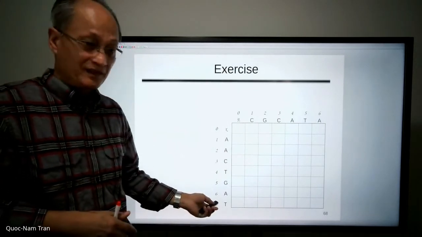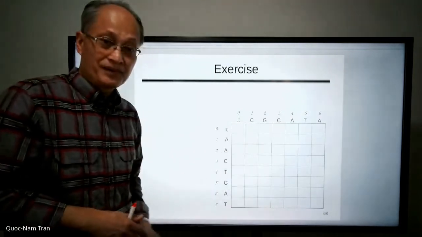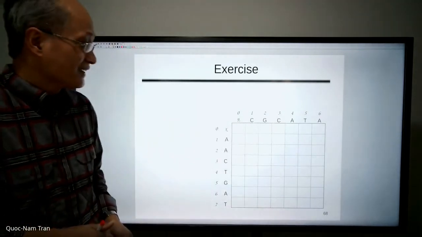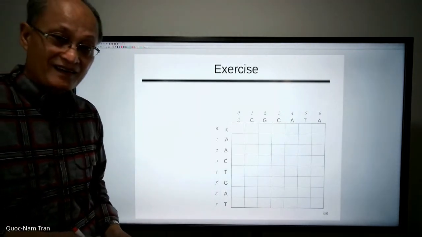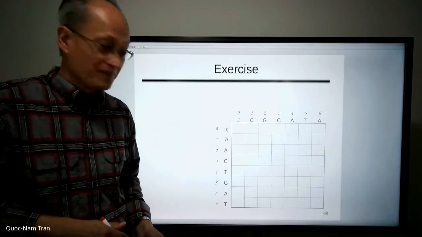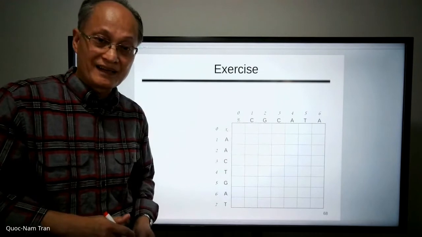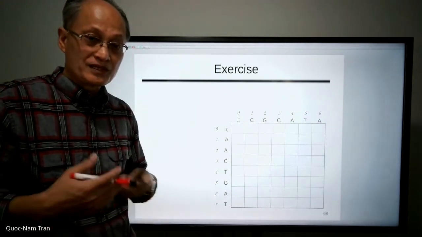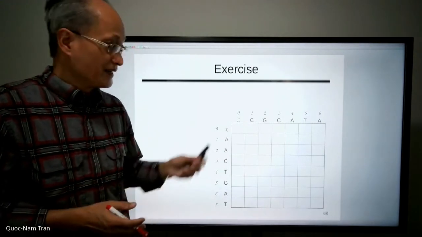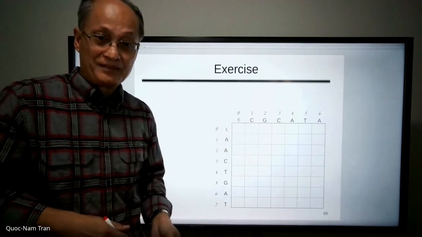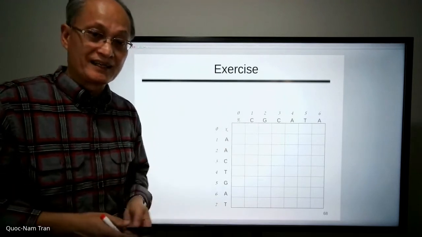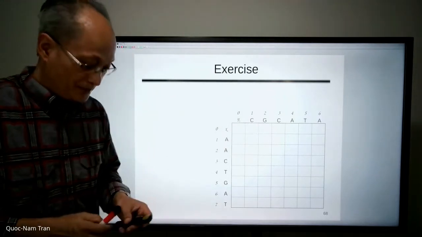Take a picture of this example. It's a hands-on exercise for you. Okay, and come back here on next Tuesday, and I will show you how it works on a program. Okay, how can we design and implement the program?